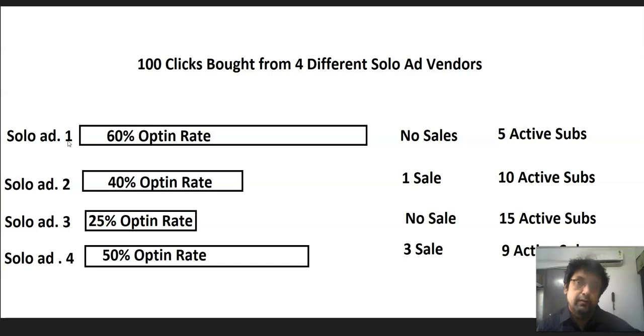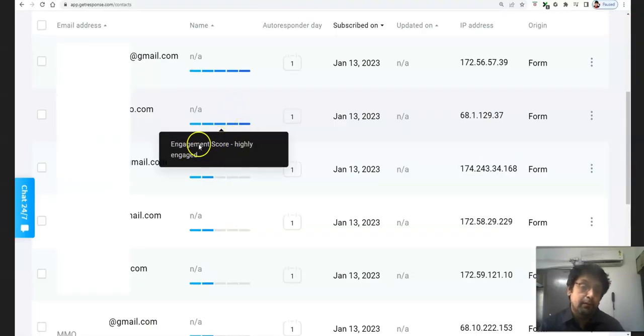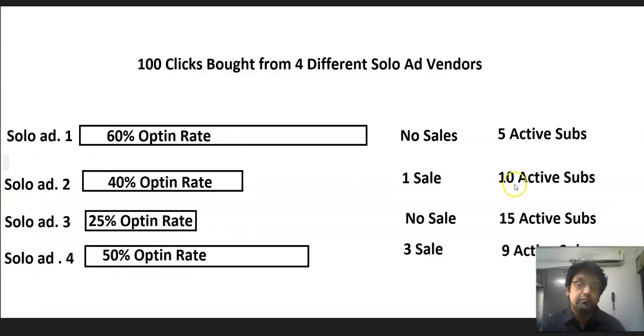Then probably this solo ad vendor is not a good fit for the longer term. The second solo ad vendor got a 40% opt-in rate and got you 1 sale, but he has got only 10 active subscribers. By active subscribers I mean highly engaged subscribers. That means out of 40 people, only 10 are highly engaged.